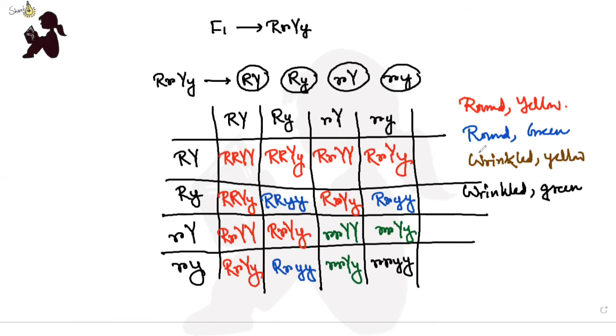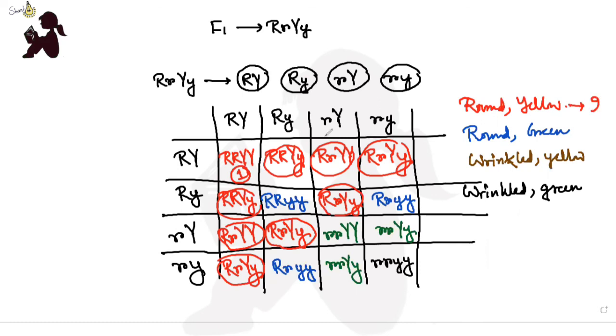We can see that the red one is present here 1, 2, 3, 4, 5, 6, 7, 8, and 9 in 9 number.